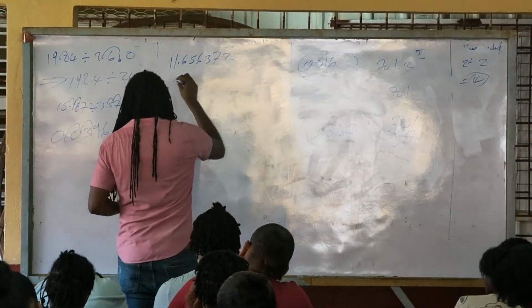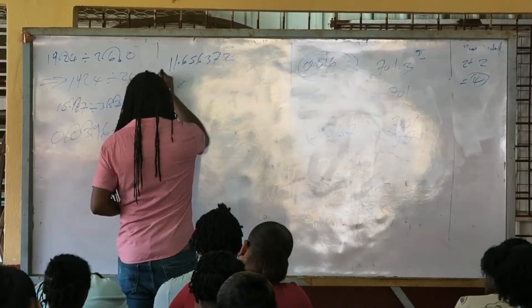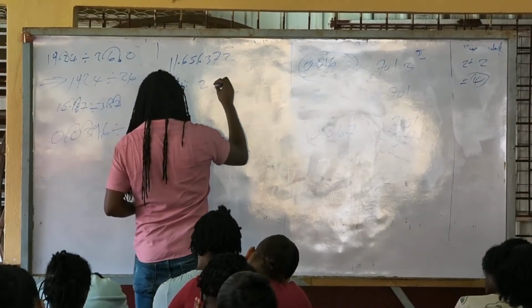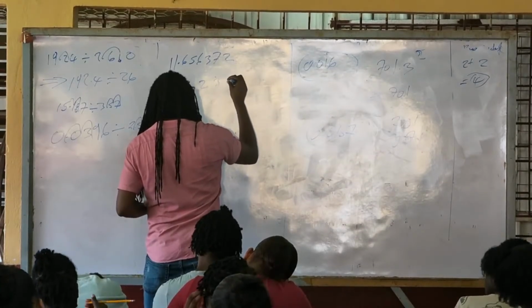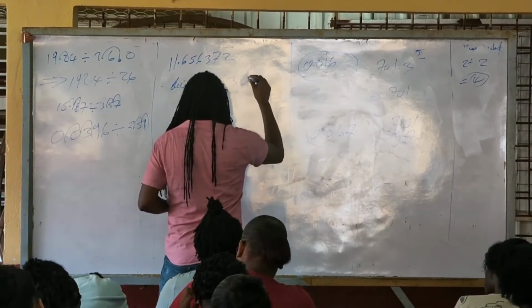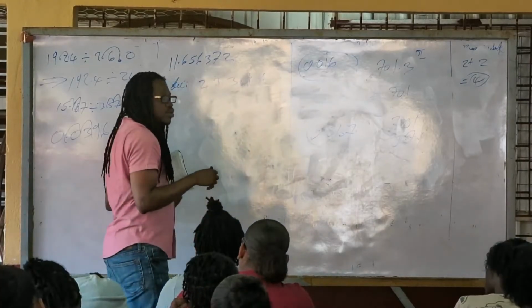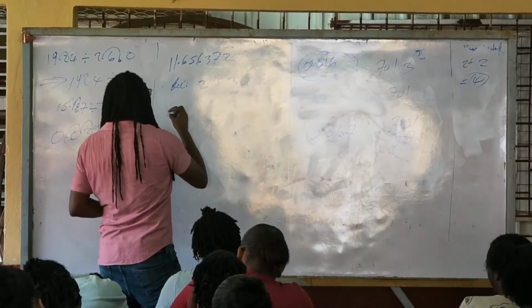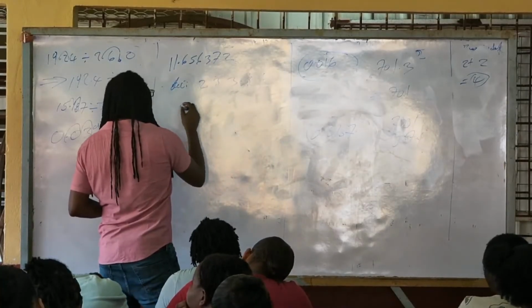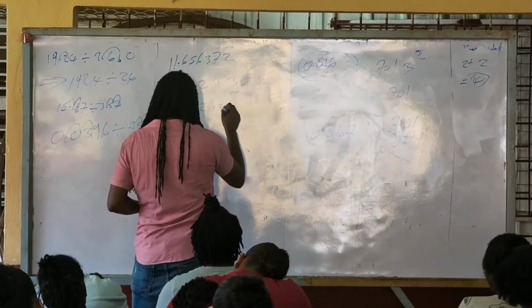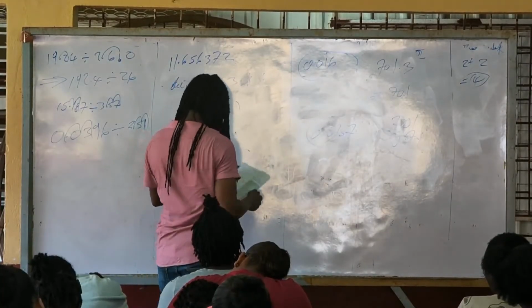So go 2 decimal places, 3 decimal places, and 1 decimal place. And for significant figures, you go 2 and 3 and 1.